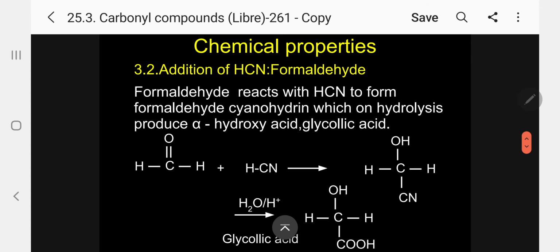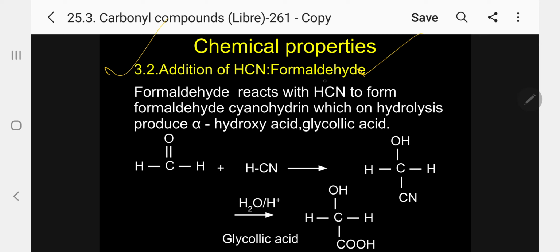You have to memorize this because questions can be asked. What happens when formaldehyde is treated with HCN? What happens when acetaldehyde is treated with HCN? What happens when benzaldehyde is treated with HCN? What happens when acetone is treated with HCN? Questions can be asked.